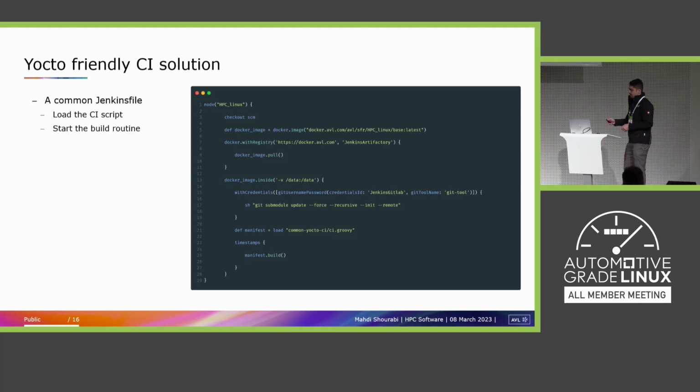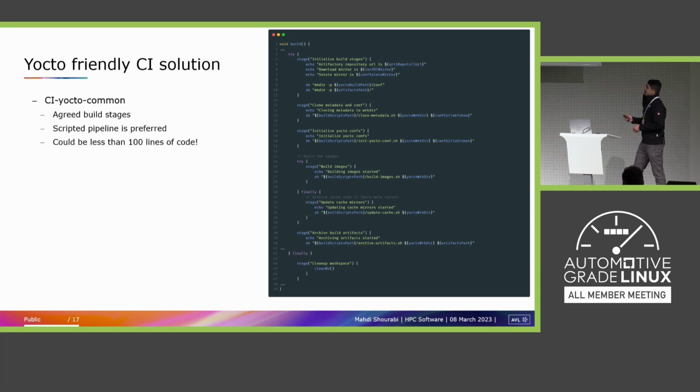Inside that method we define all the stages that we need for the build: initializing the build, cloning metadata, initializing configurations, building images, updating the cache and SSH cache, and then archiving the build artifacts. As you see, these are the common steps for building every Yocto-based BSP. We can reuse it for any build.